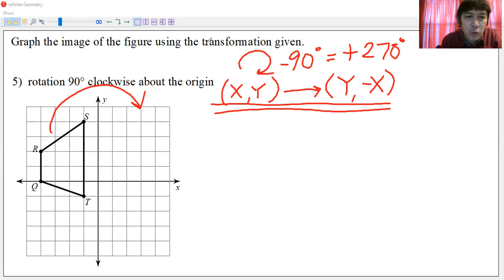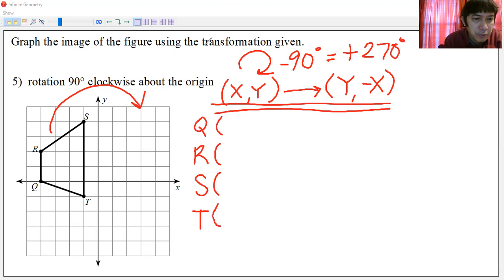So we'll have the points now. We have Q, R, S, T. Let's get the coordinates. Our point Q is negative 4, 0. Our R is negative 4, 2.